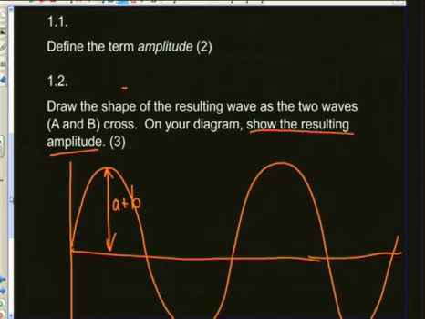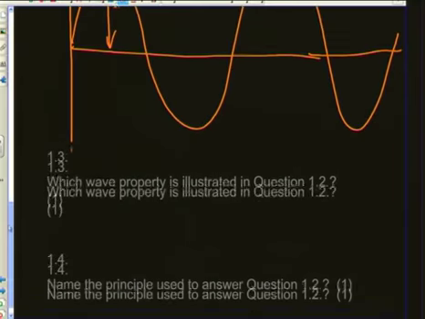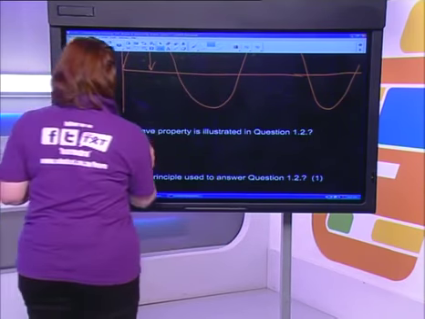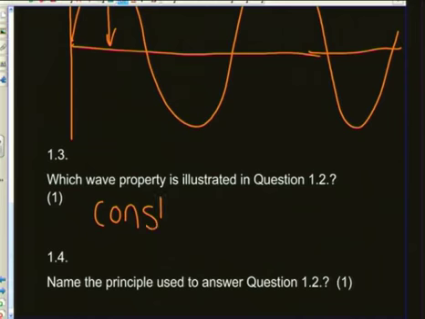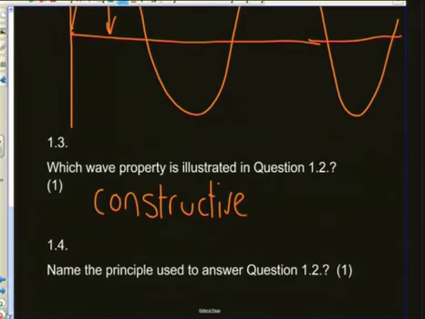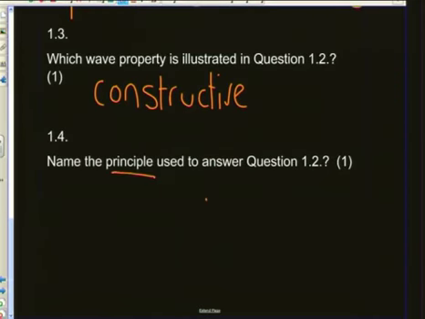Question 3, which wave property is illustrated in question 1.2? I've just said it. Constructive interference, because it made it get bigger. Now they ask you to name the principle.